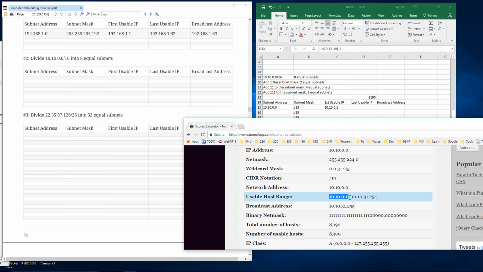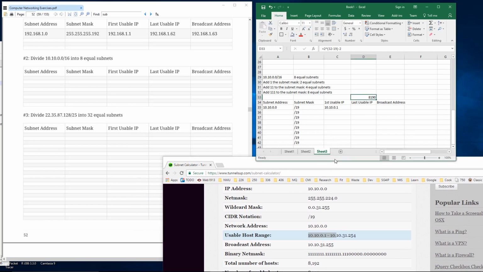This is what I'm looking for right now. 10.10.0.1 through, that's what I need, right? 10.10.31.254. I'm glad I did not have to do that binary math in my head or even using the Windows calculator.